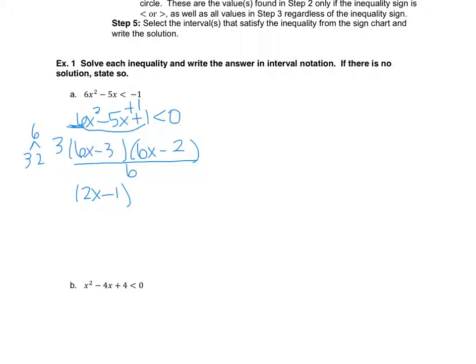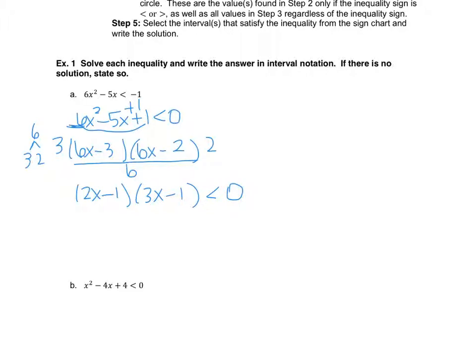And then I'm going to divide out the right term by 2. And that will leave me with 3x minus 1. So notice I needed to divide out a total of 6. Well, 3 times 2 makes 6. So we're good. Make sure you put your inequality symbol back. So this is what I have.